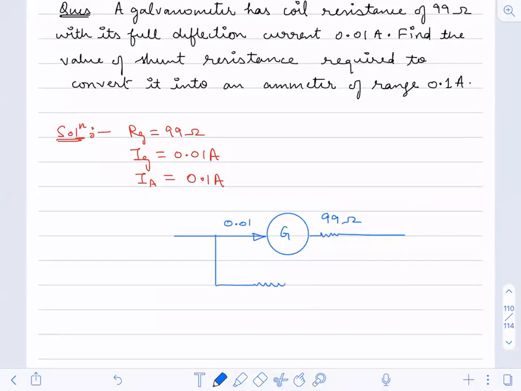So this is the shunt, which you will connect like this. You have to find out the value of Rs, and the current that you wish to pass is 0.1 ampere. Now we will do that analysis.